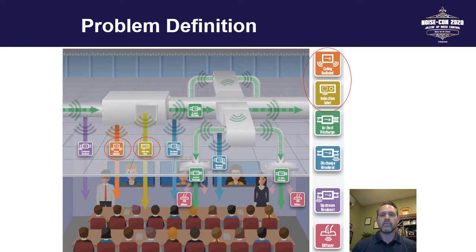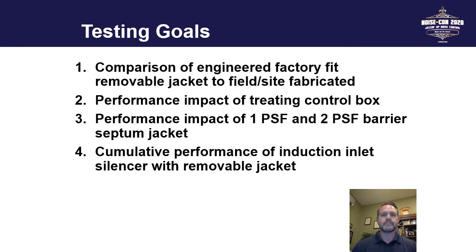There's a variety of traditional approaches that are taken to try and address some of these transmission paths. But again, our focus today is going to be on testing that was conducted for casing radiated and induction inlet. So there were four goals of the testing. The first was to look at a comparison of engineered factory-fit removable jackets or covers to field or site fabricated types of designs.